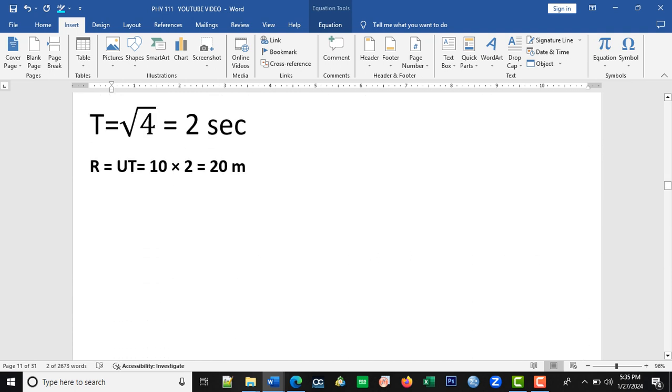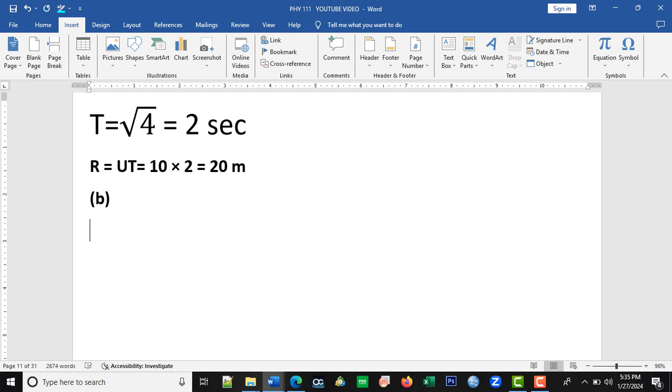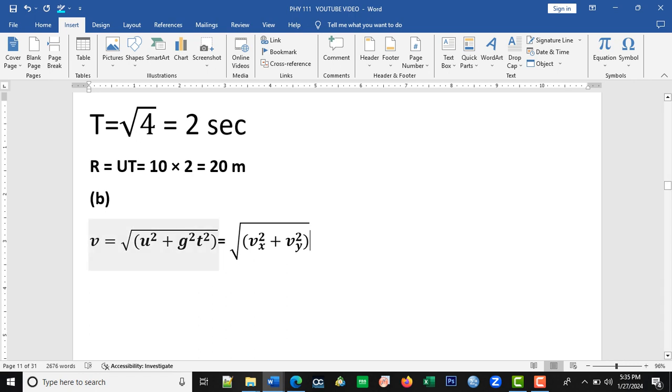Let me call this B. And then we have to solve for v square x and v square y so that we can get the magnitude.